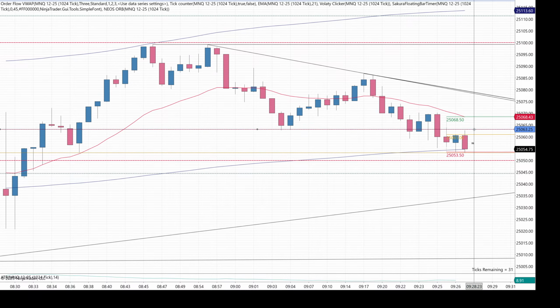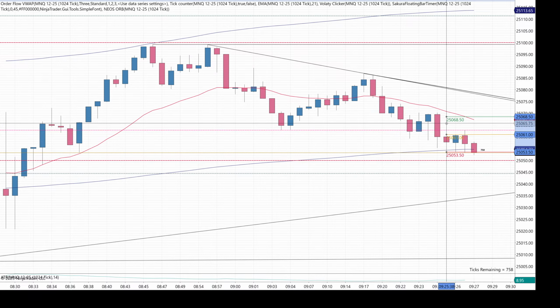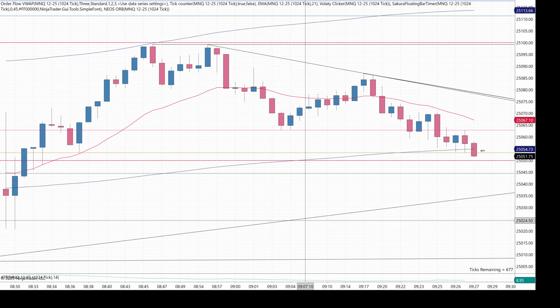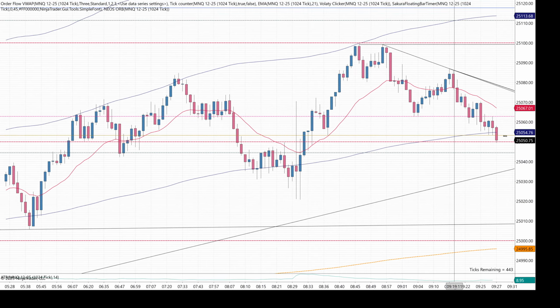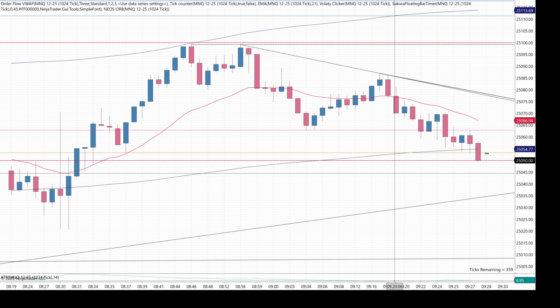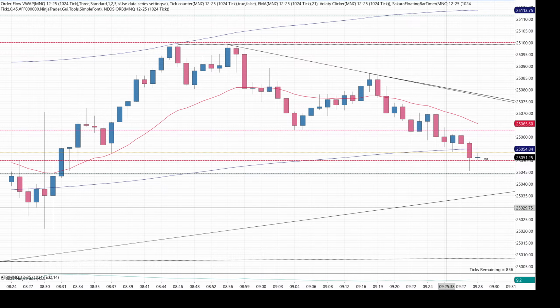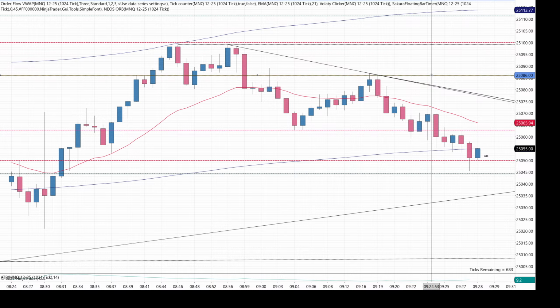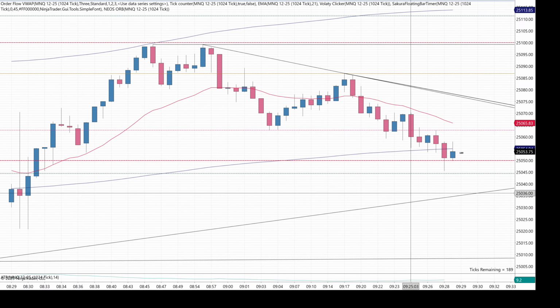Okay, runner moves down. We're testing the golden ruler right now. Okay, the golden ruler moves up to 86.75. We have a little under 2 minutes now till market opens.